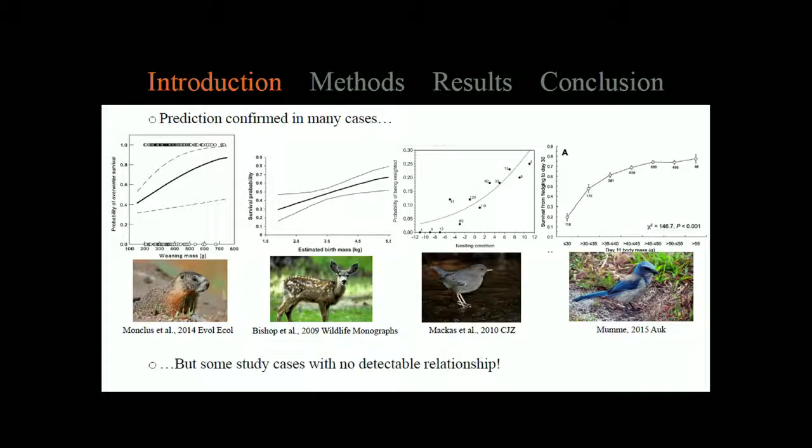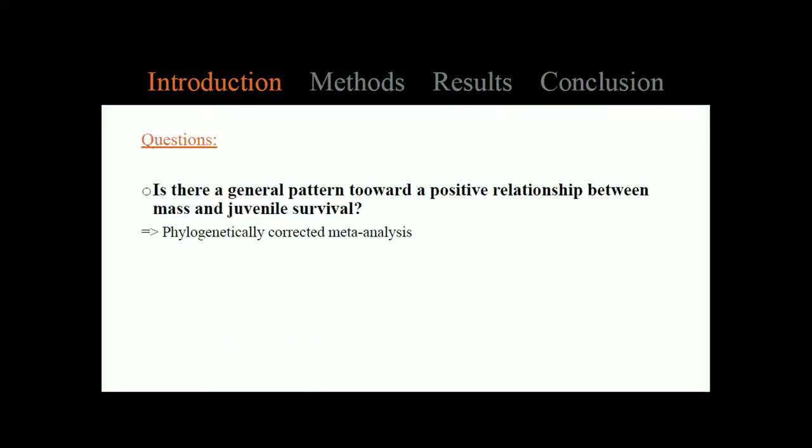But also, if we look closely in the literature, there are some study cases in which there is no detectable relationship between juvenile survival and body mass. So the aim of this work was to draw general patterns about the relationship between body mass and early survival, and to see if there are general patterns toward our prediction that there is a positive relationship.